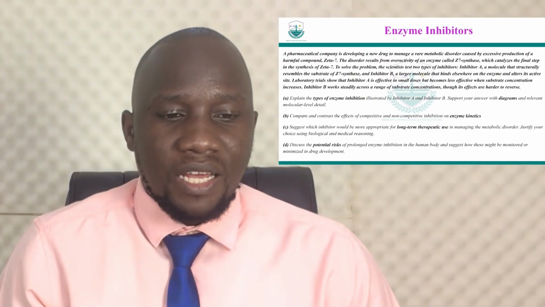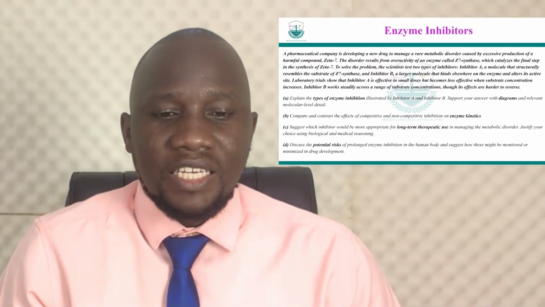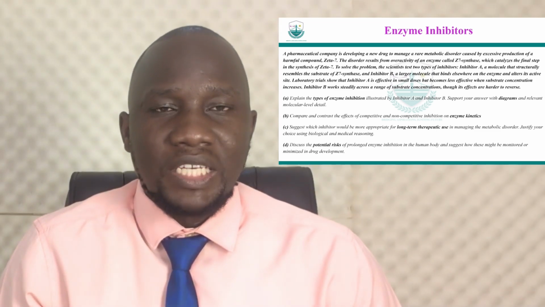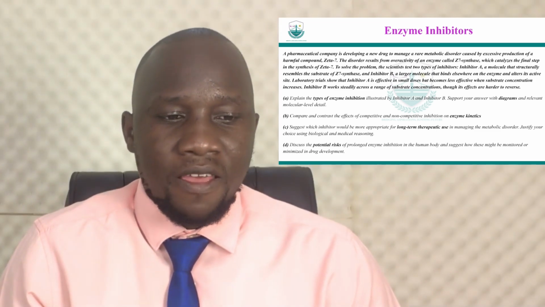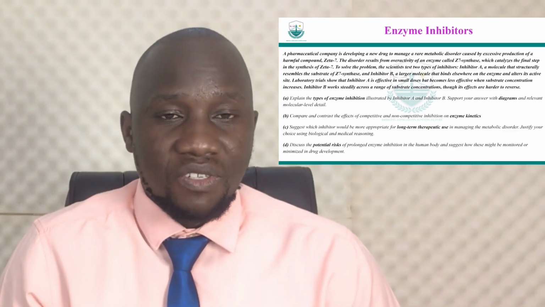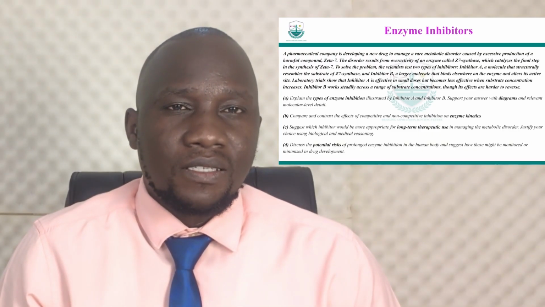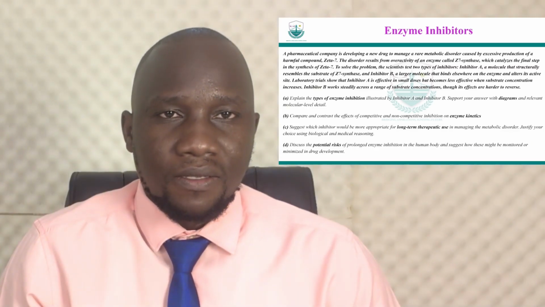So what the scientists are actually doing is testing two inhibitors. One inhibitor, inhibitor A, is a molecule that structurally resembles the substrate of Z7 synthase.